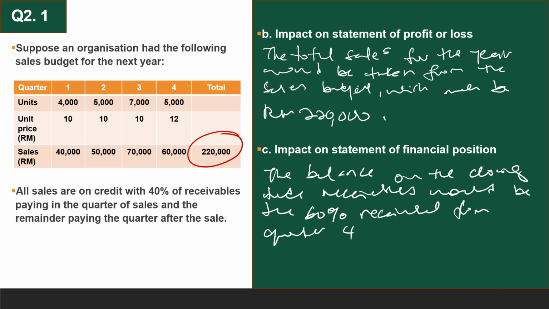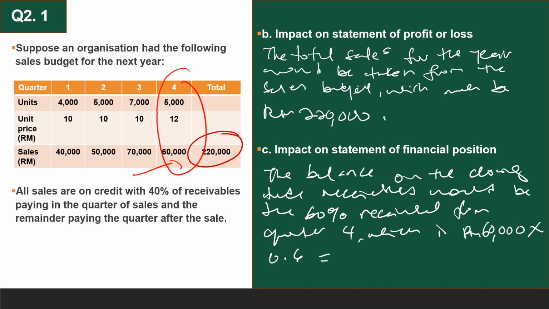You have to look at the total: 60,000 ringgit Malaysia times 0.6 is equivalent to 36,000.